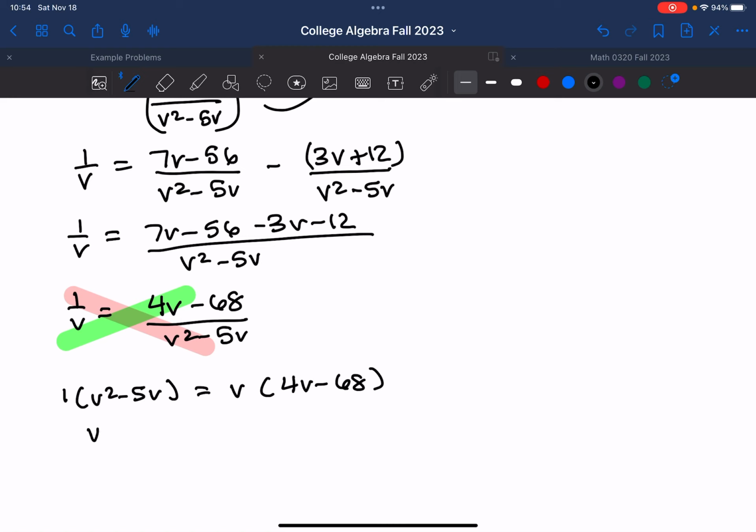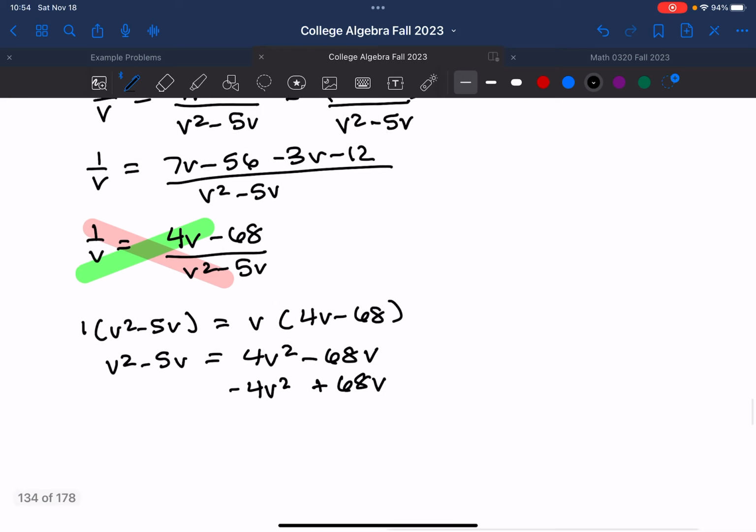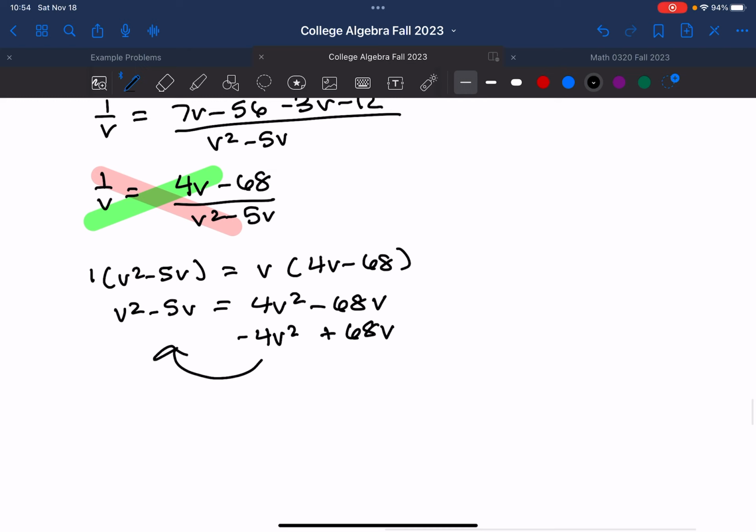So I'm going to have v squared minus 5v is equal to 4v squared minus 68v. We want everything equal to 0, so I'm going to move the 4v squared over, and I'm going to move that 68v over. So I have v squared minus 4v squared minus 5v plus 68v equals 0. I just moved them all to the other side.